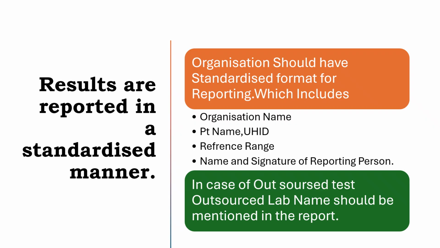If the value is high or low, you can mark it as high or low, or if any abnormal value has come, that should be highlighted. The name and signature of the reporting person should be there. In case of an outsourced test, the outsourced lab name or any reference number should be displayed in the report.